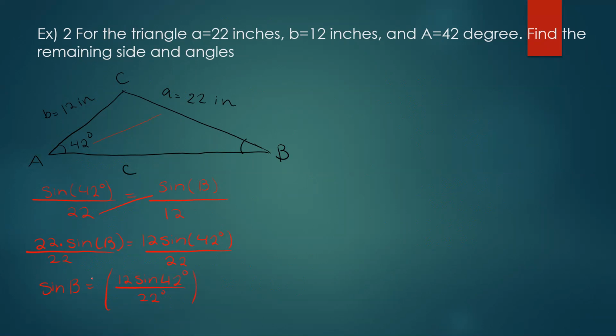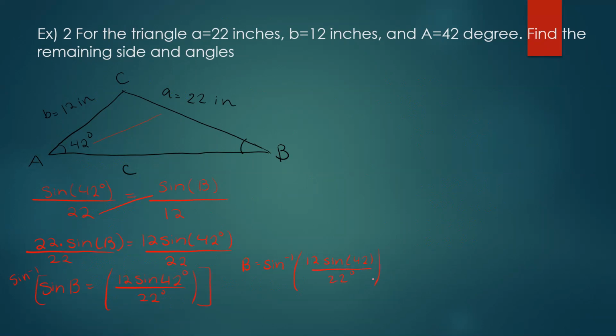Now I want just angle B, so I have to get rid of this sine, and the only way I'm going to do that is take the sine inverse. So B equals sine inverse of 12 sine of 42 degrees over 22.